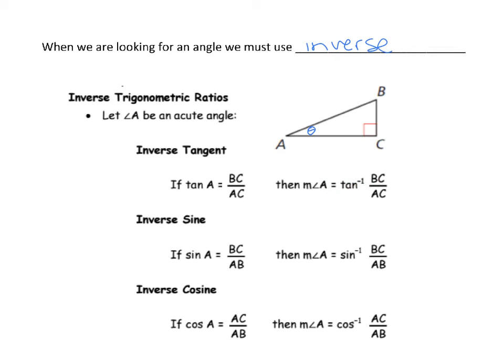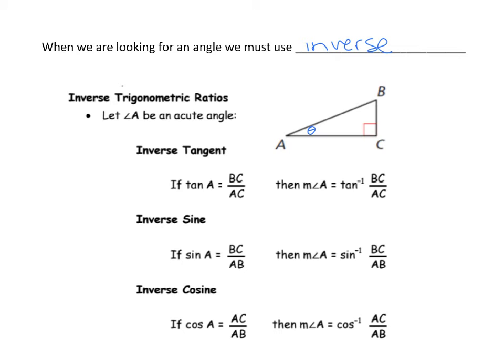You should be able to see it where sine, cosine, and tangent, the actual buttons, are in a different color. On the calculators that we use at school, it's in blue. It says sine raised to the -1 degree, cosine raised to the -1 degree, tangent raised to the -1 degree. We only use those functions when we're looking for the actual angle.